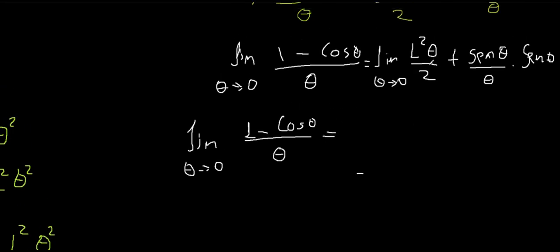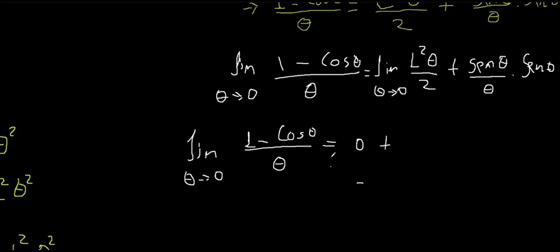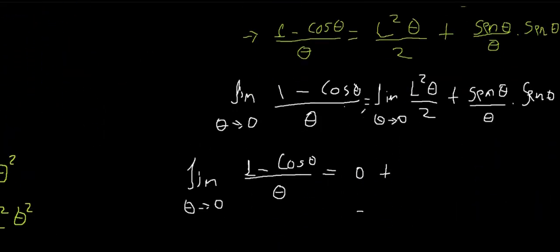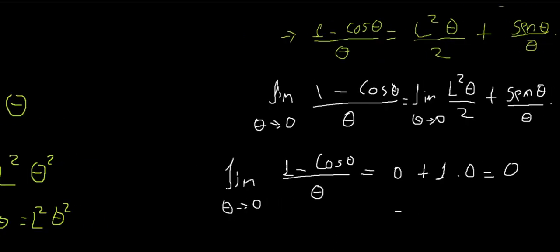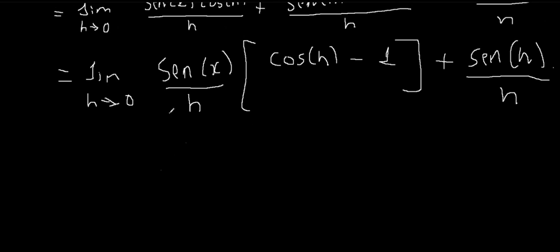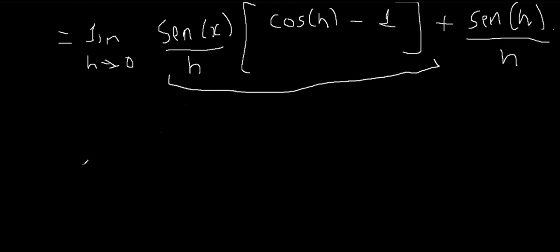is 0 multiplied, the theta squared divided by 2 multiplied by zero, and further sine of theta divided by theta is 1, multiplied by sine of theta. Sine of theta is 0, so multiplied by 0 is 0. So this expression's limit is 0, and so 0.